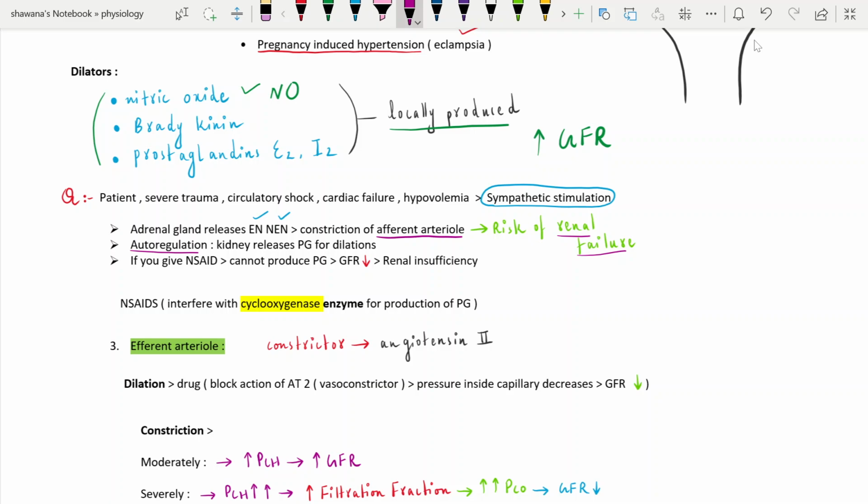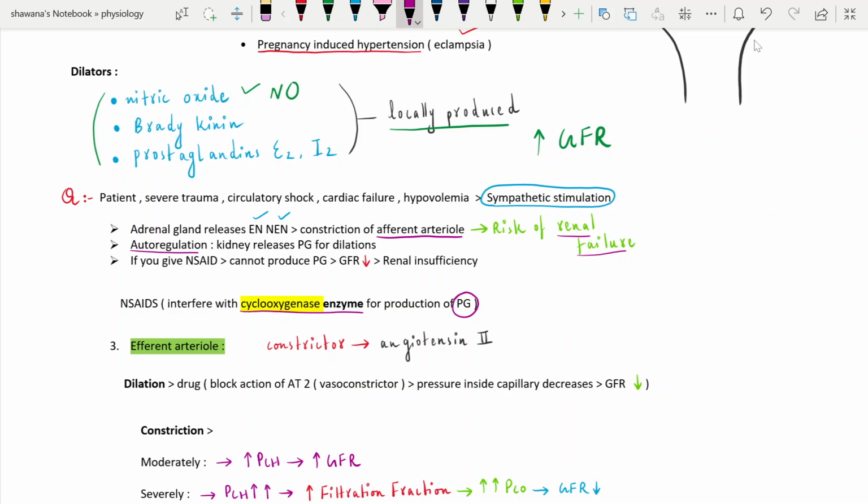The most important thing here to remember is that if you give such patients NSAIDs, non-steroidal anti-inflammatory drugs, these drugs inhibit the production of prostaglandins. It means that these drugs inhibit the production of dilators.